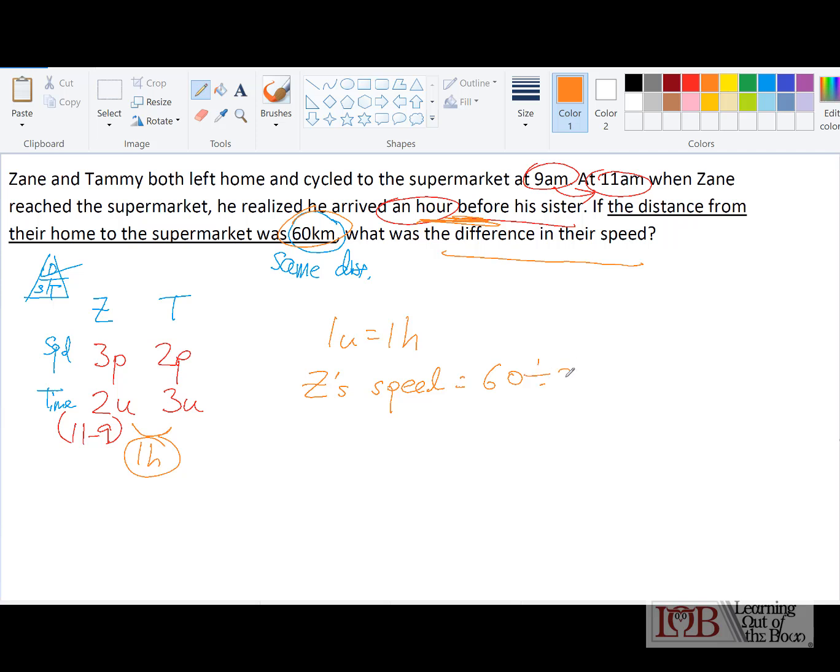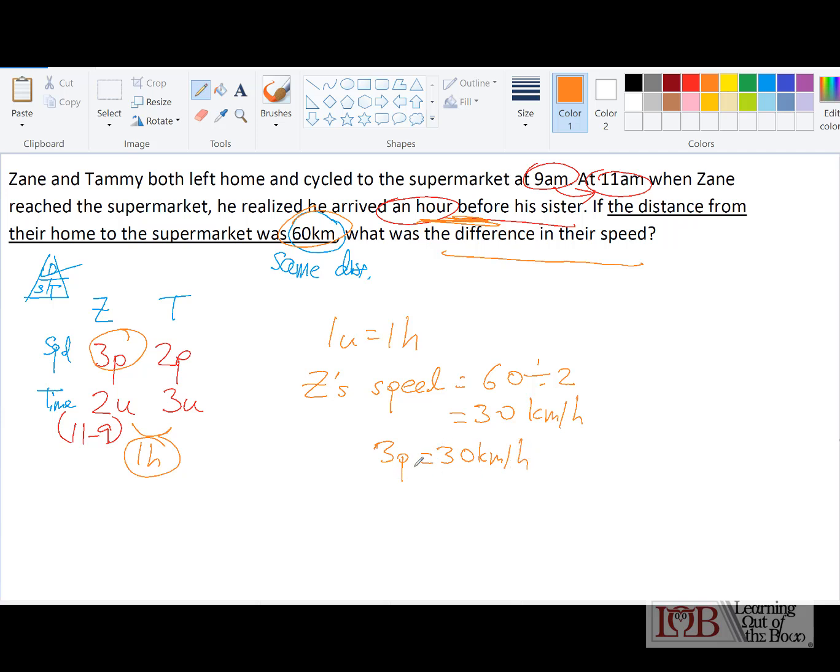So this is 2 hours is 30 km per hour. So meaning that with reference to this, 3p is equals to 30 km per hour.